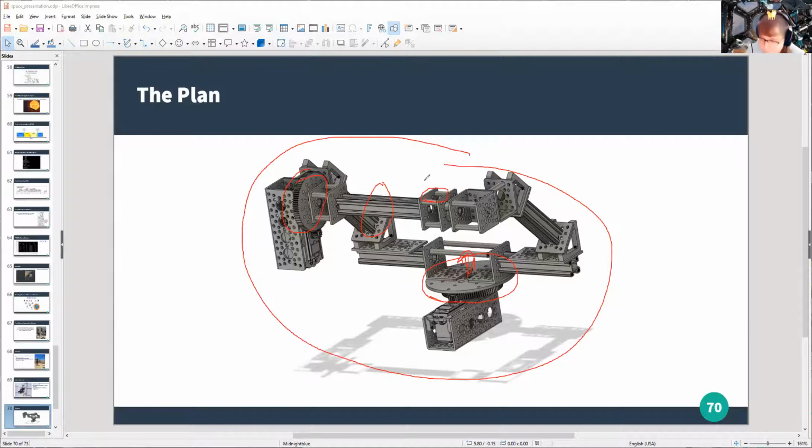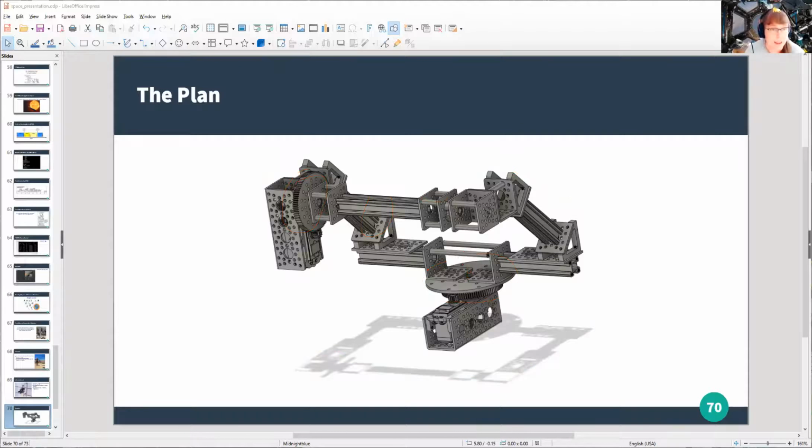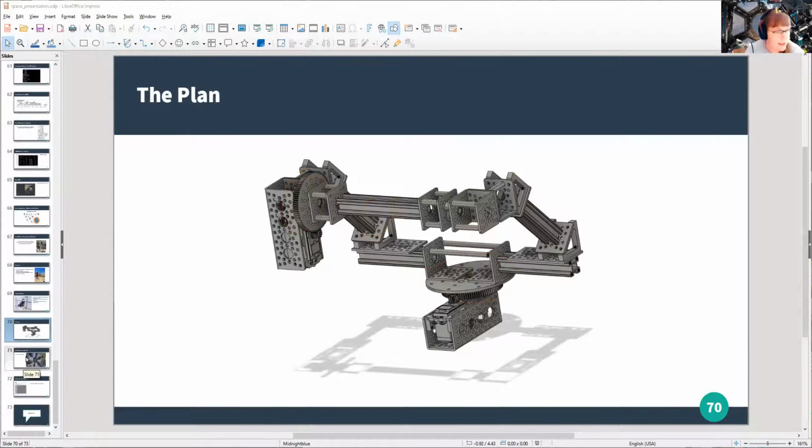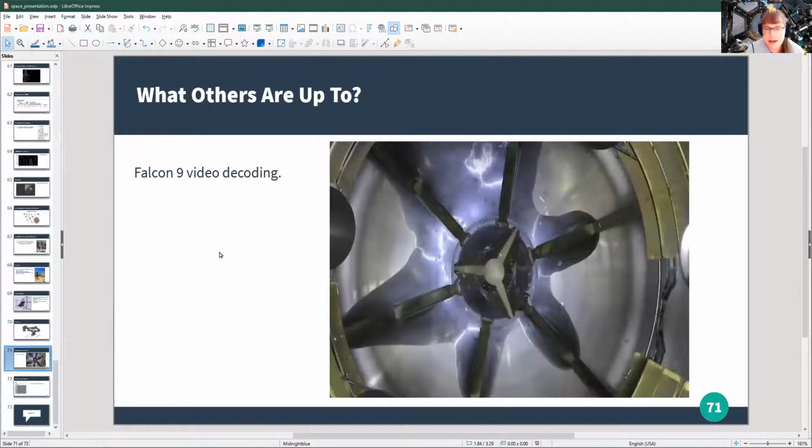So that'll be cool. And let's see what else is going on in the community right now that was big. There was SpaceX. So it turns out I didn't do this. This was not me. These were other people. They did a Falcon 9. They recorded the signals from Falcon 9 and figured out that it was actually sending an MPEG stream.